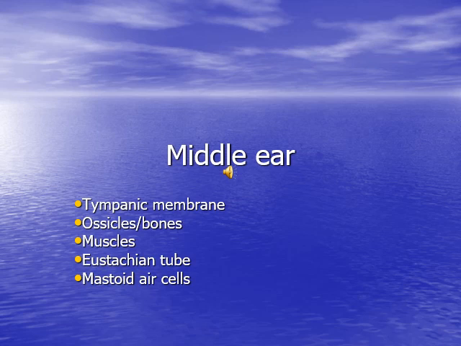There is a bony roof of the middle ear, representing the tegmen tympani, which separates the middle ear cavity from the middle cranial fossa. The floor of the middle ear is also a bony plate, separating the cavity from the jugular bulb.